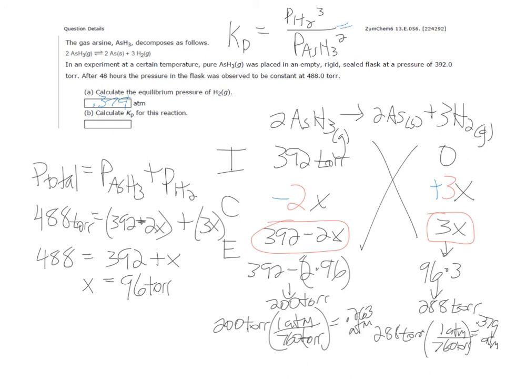And now to finish off the problem, we're going to finish our calculation of Kp with numbers to plug in. Once again, the pressure of AsH3 in atmospheres is 0.263. And after crunching those numbers, we come up with a value of 0.787.